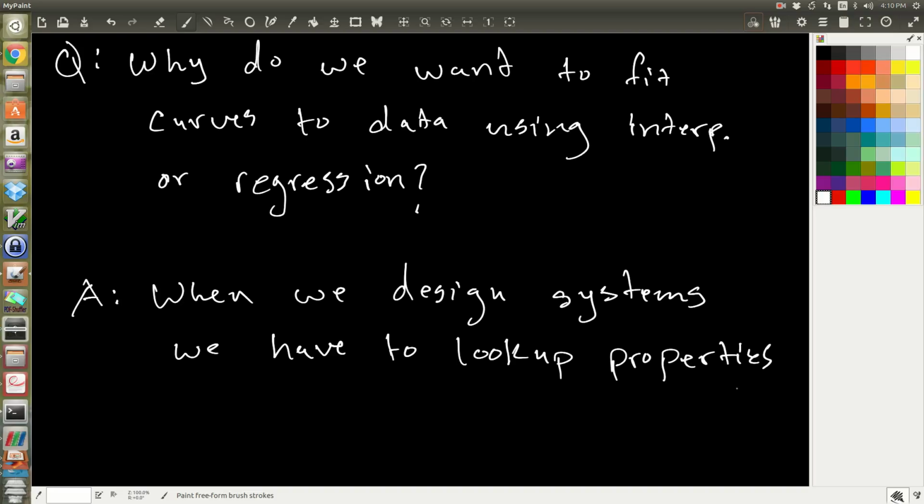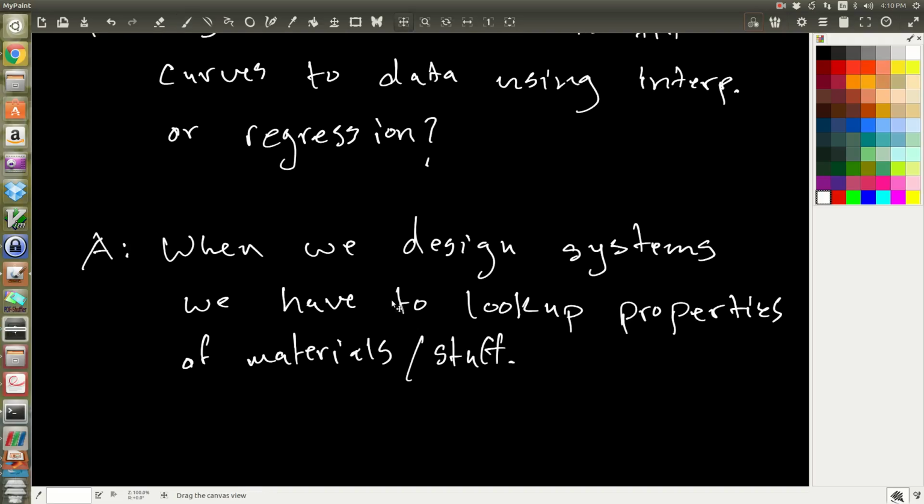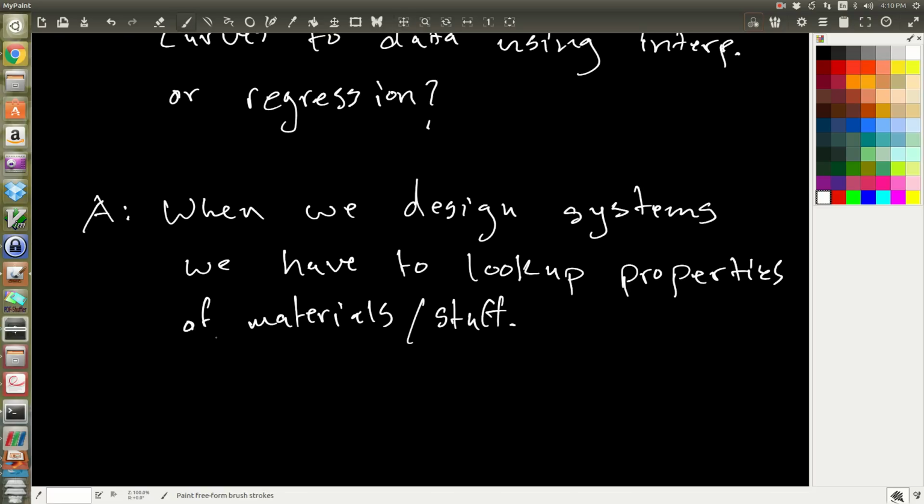Now, properties of materials, and other stuff. I'm just going to put stuff. Okay, because it's not just materials, all kinds of things. So it's nice to be able to use interpolation to find intermediate points.